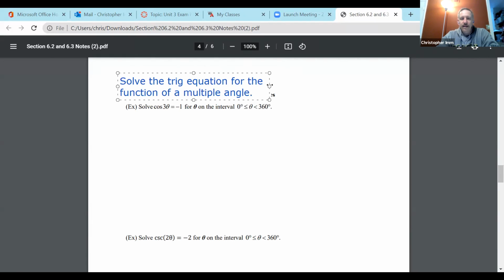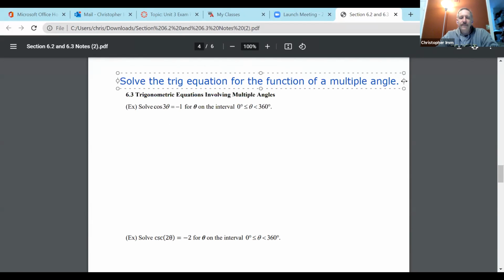Okay. So we're going to start by doing that. Notice the first one's already solved there, so we can check out our technique here. We've already solved this one for the trig function of the multiple angle.